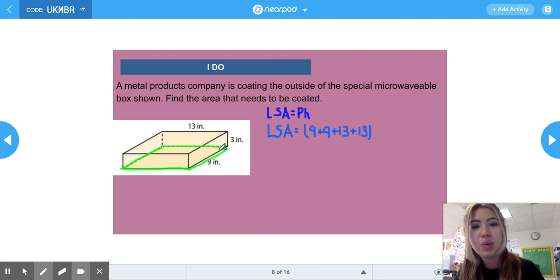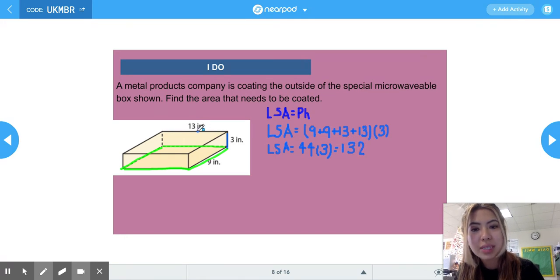And then lastly, we're multiplying that by the height of the rectangular prism, which is 3. So then we have 9 plus 9 plus 13 plus 13, which is 44, multiplied by 3. And our answer is 132.